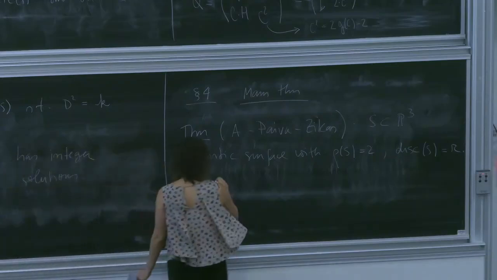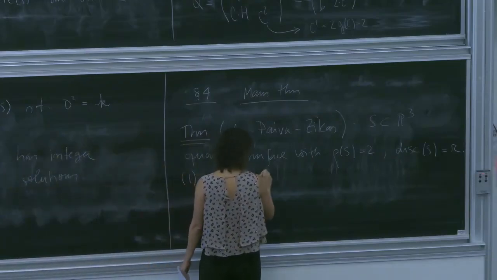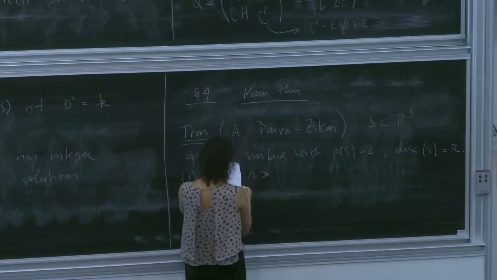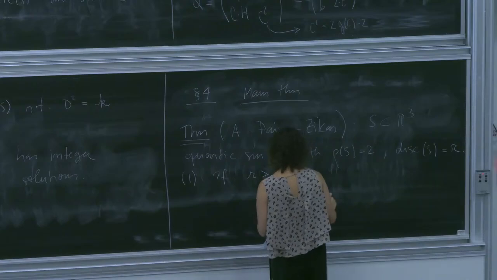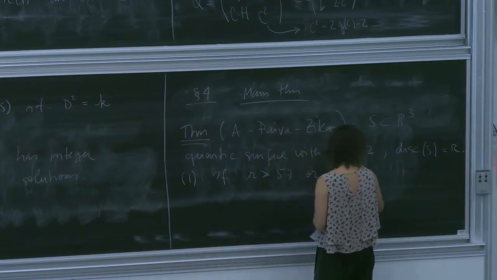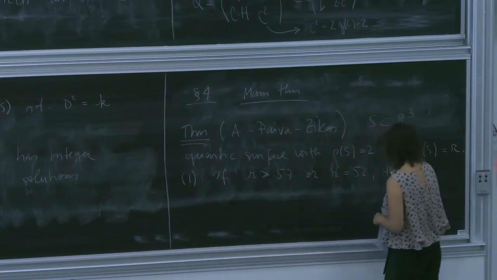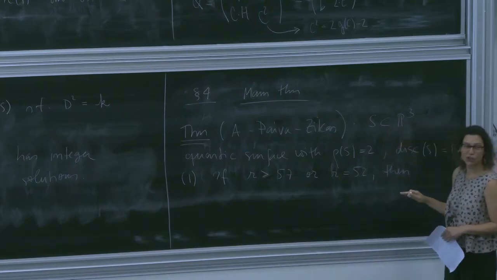If the discriminant is either greater than 57 or it is 52, then the decomposition group is trivial.